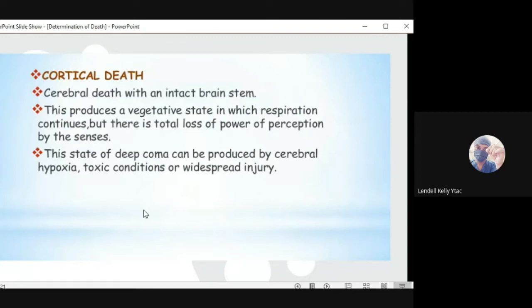usually if your cortical brain area is affected, usually our patient will suffer from coma. So magko-coma yan siya kasi, 'di ba? Sabi ko sa inyo, yung personality, yung consciousness natin nasa cerebral cortex yan, no? If ever mawala yung cerebral cortex, mawala yung personality mo.